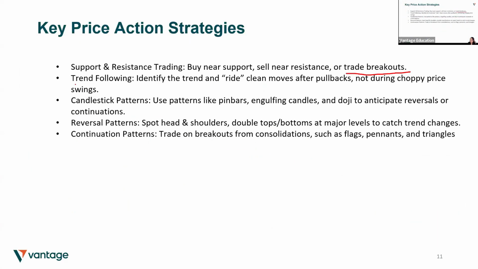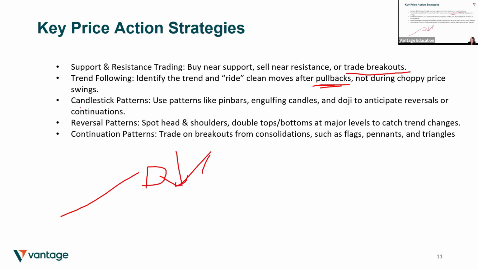And then I will say that trend following means identify the trend and ride the clean move after the pullback, right? Especially gold, it's a very clean move. You see the pullback at FVG, or fair value gap, not during the choppy price swing. So whenever you see a clear trend and then you see an FVG or OB, you wait for price to pull back and then you buy.